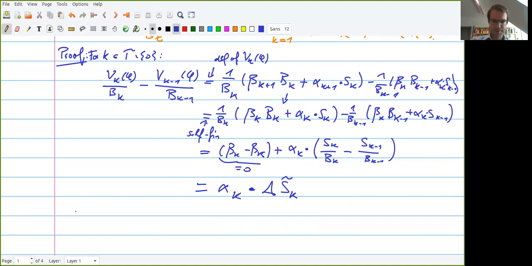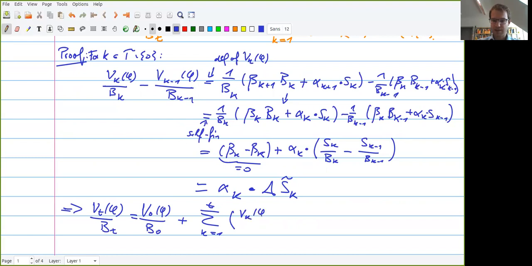Okay. Well, now if we want to express this discounted value process at time t, we can use a telescoping sum argument, as we have done several times already in this lecture, to express this as the changes over each trading period in our discounted value process, between k minus 1 and k.